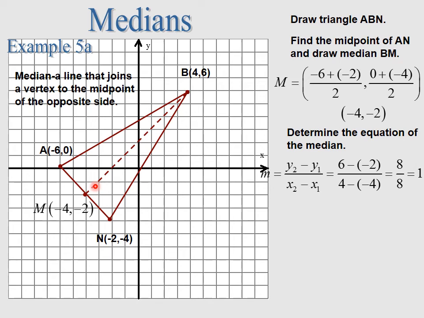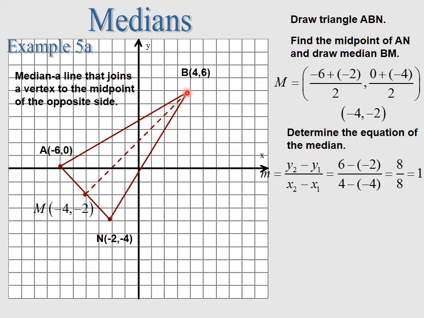We need to find two things, the m and the b. The m is the slope of the line. We want the slope of this dotted line. So the slope is given by our old formula, y2 minus y1 over x2 minus x1. These are the 2 points we're going to use, B and M.